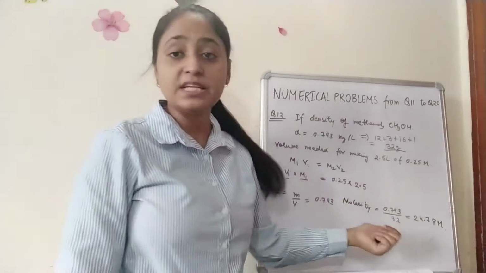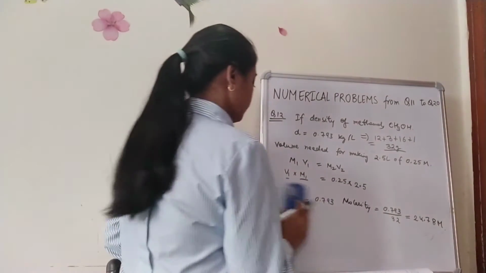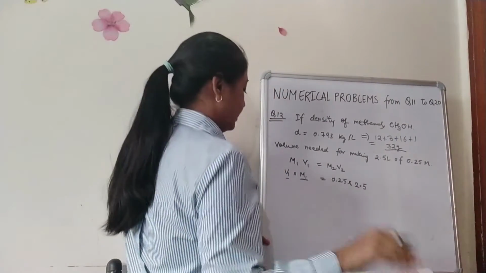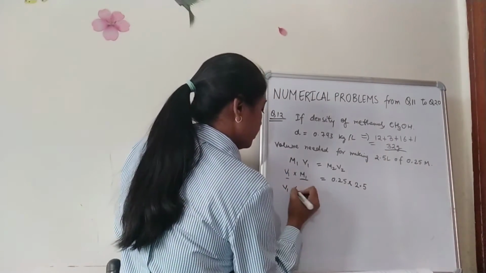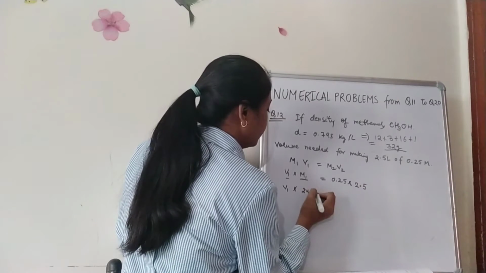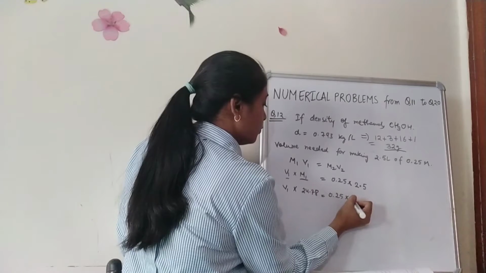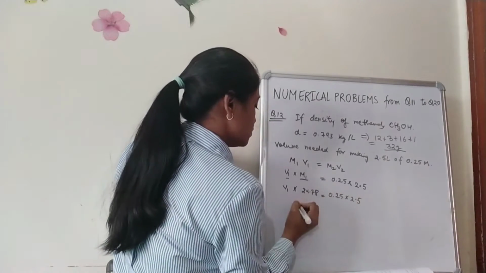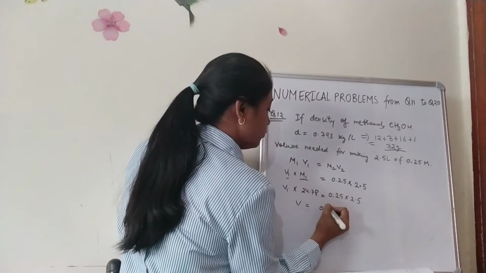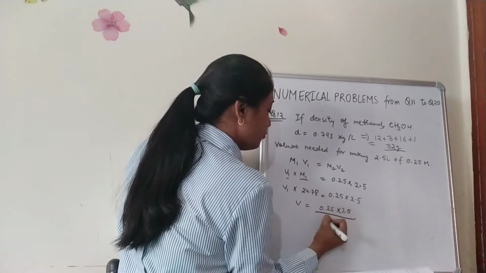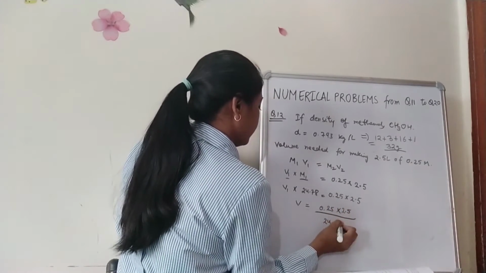So we will put this here. 24.78 into V1 equal to 0.25 into 2.5. So V1 is 0.25 into 2.5 divided by 24.78.